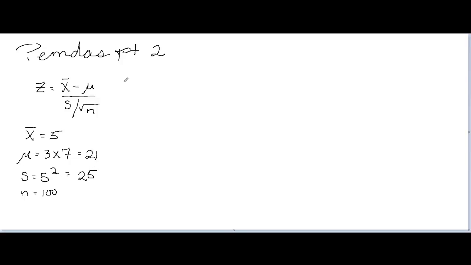So all you need to do is substitute these in. So let's go up here. Z equals x mu, which is 5 minus 21 over s, which is 25, divided by the square root of 100. Okay? So there's no parentheses, so we're not going to do that. Exponents, it appears that we don't have any exponents, but remember that square root of something is actually equal to raising it to the 1/2.